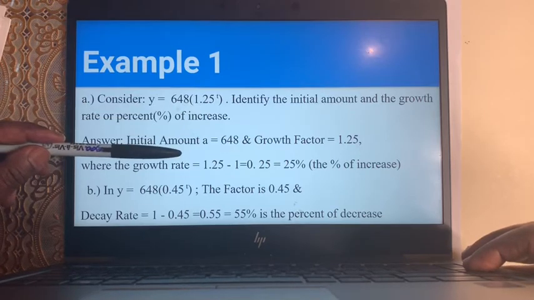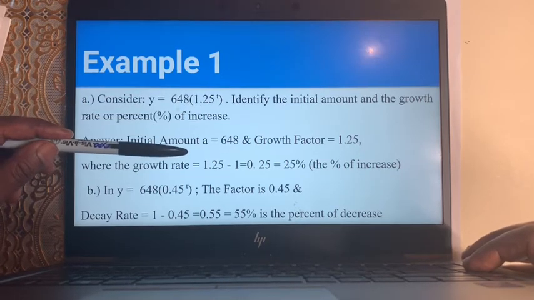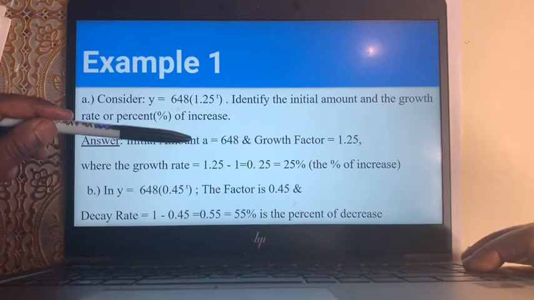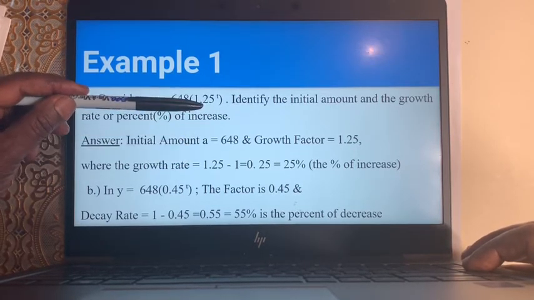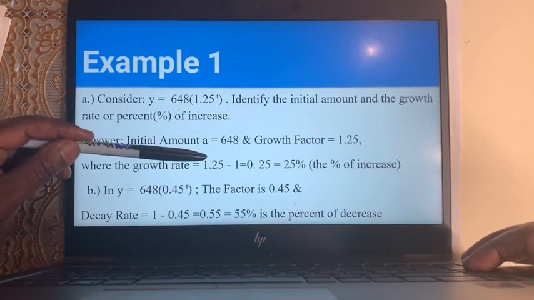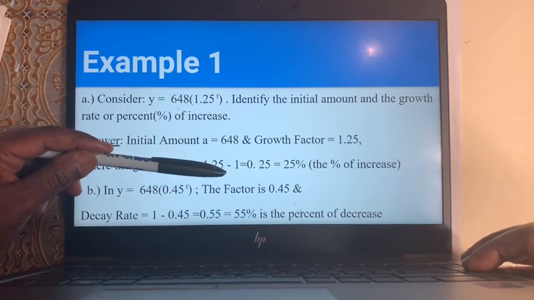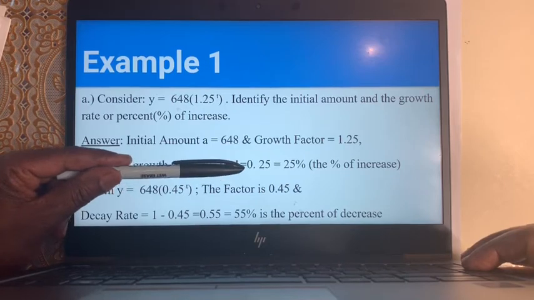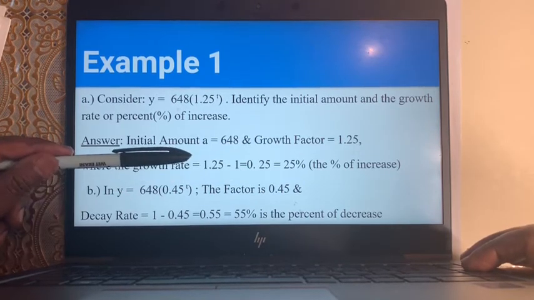The growth rate is 1.25 minus 1, which makes the growth factor greater than 1, which is 0.25, or 25% of increase. Look, we represent the 25% of increase as a decimal.